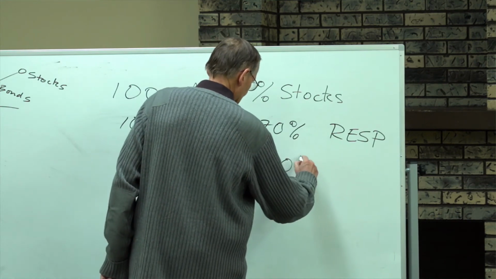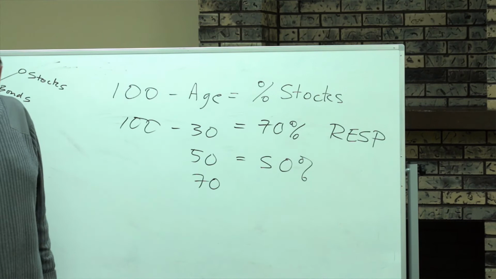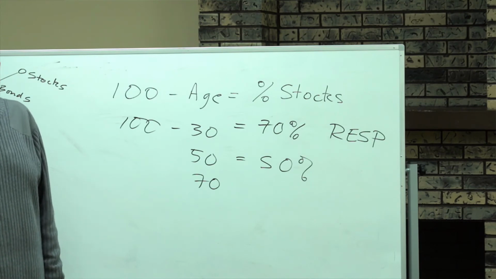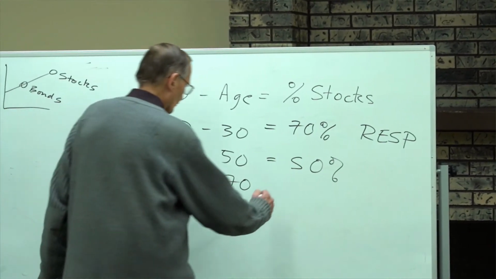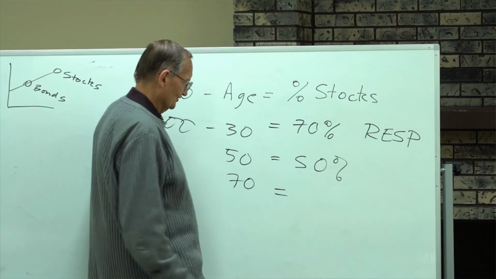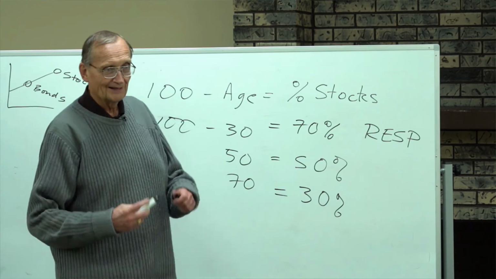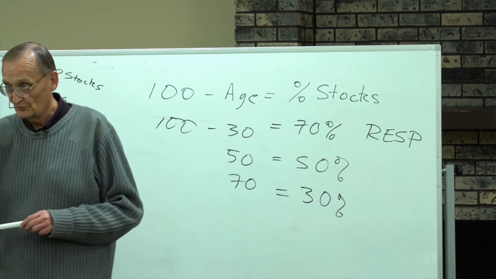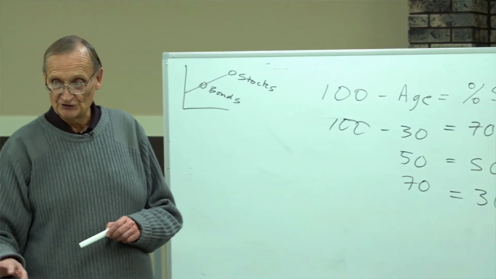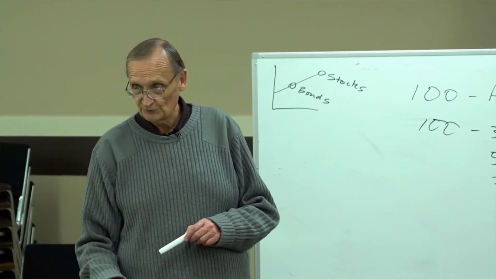Is that the right answer? Your middle age, 50% in stocks, 50% in bonds. Your 70, what should it be? That's a lot lower. Why? Because you have lower risk tolerance. You haven't got lots of years to make up for losses if that's what happens.